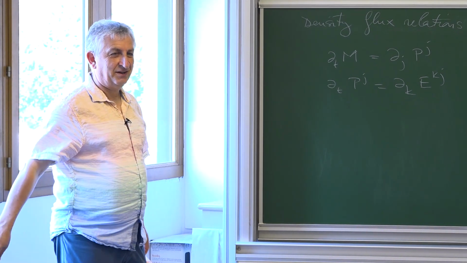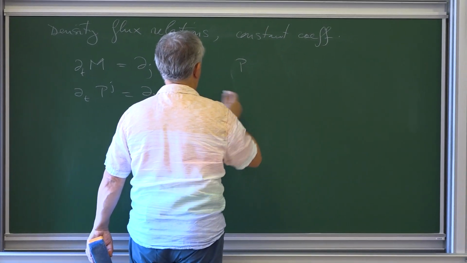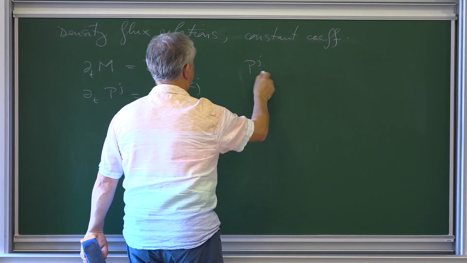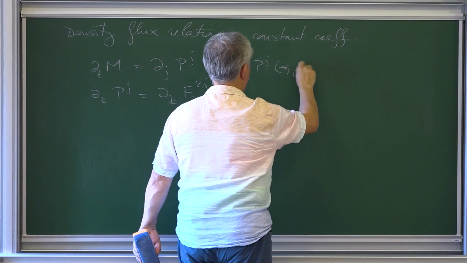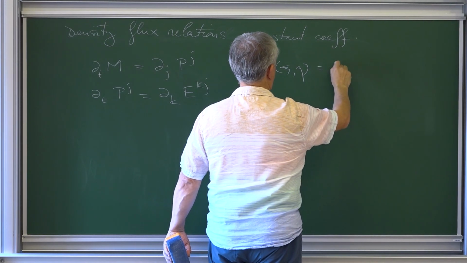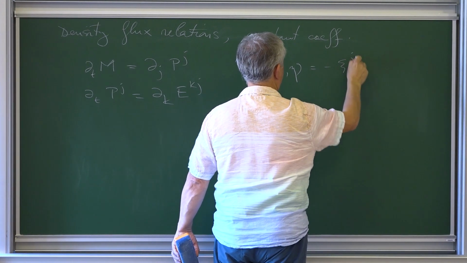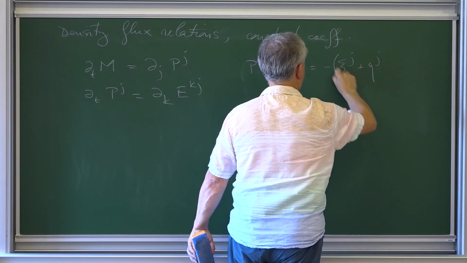We write everything at the level of the symbols. So the symbol for Pj of psi and eta is, if you want, minus psi j plus eta j.